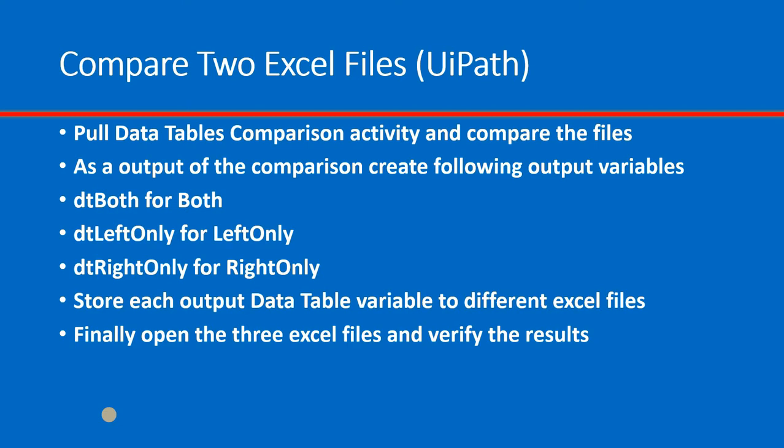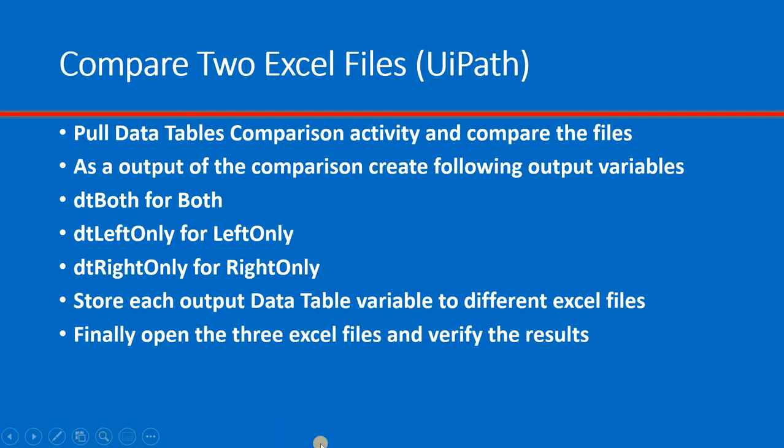As an output of this comparison, we are going to define three output variables, say DT both, DT left only, DT right only. And then we are going to store the values from these data tables into different Excel files. And then finally, we are going to open those Excel files and verify the results.